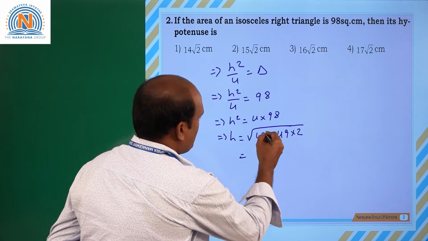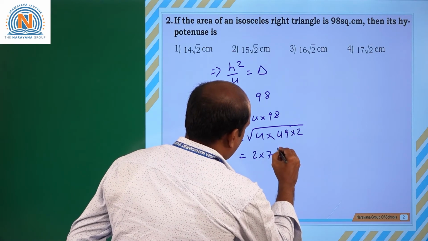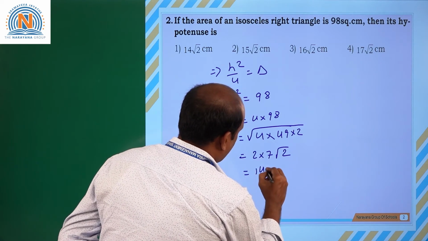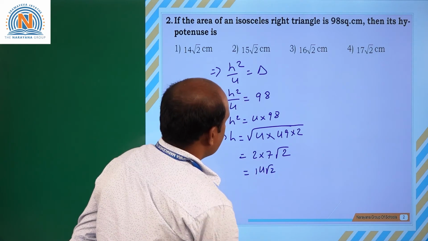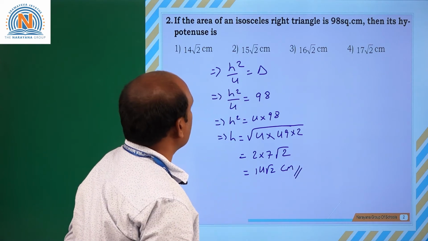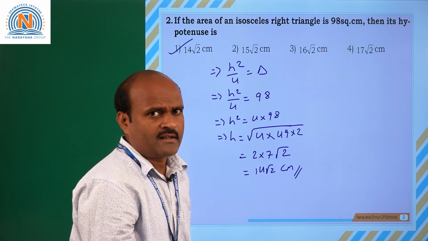That is equal to 2 into 7 into square root of 2, that is 14 root 2 centimeters. So the hypotenuse is 14 root 2 centimeters, that is option 1 is the correct answer, right?